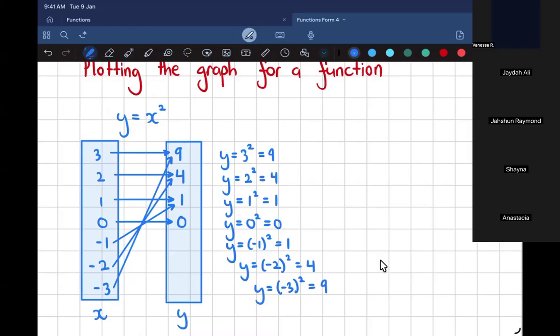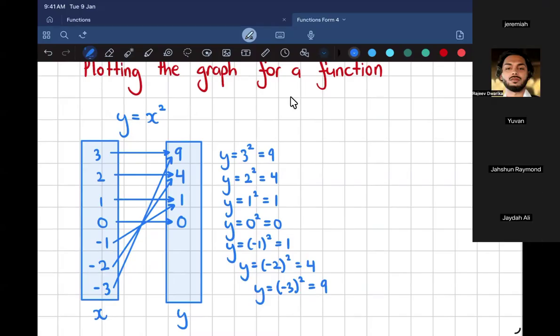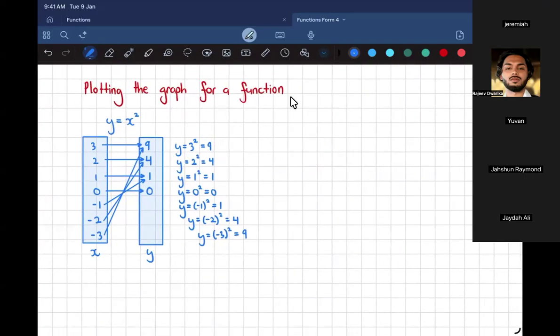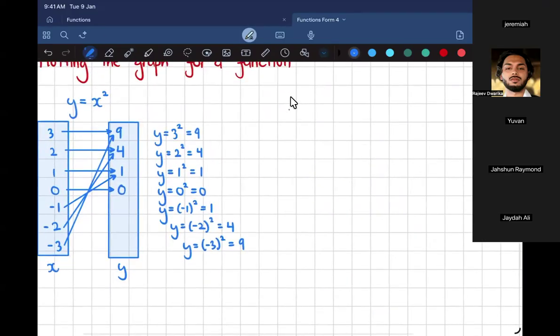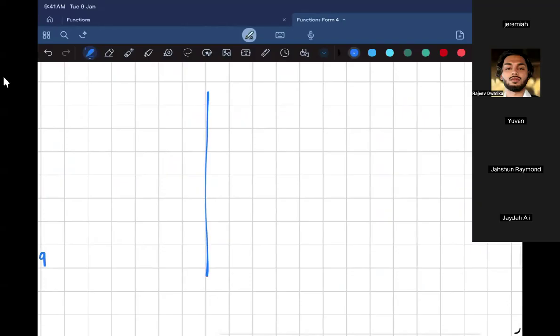Now, do you all know what a point is made up of? Yeah or no? A point is made up of what values? Gina, see if you can remember this. If I plot a point on a graph, the point would be comprised of what values? X and Y. So let me give you all a quick crash course on plotting on a graph, on the X and Y axis or the coordinate plane.